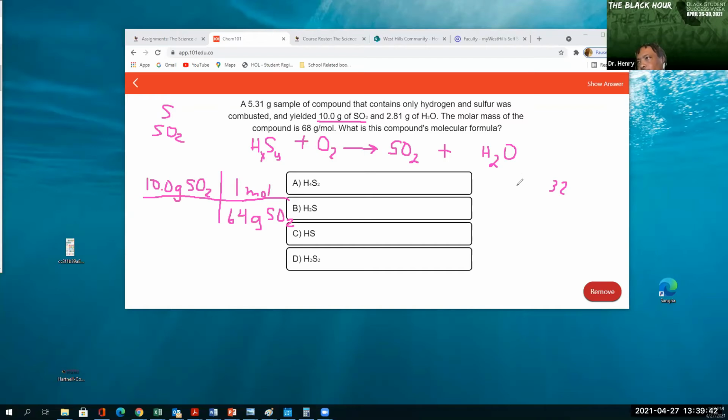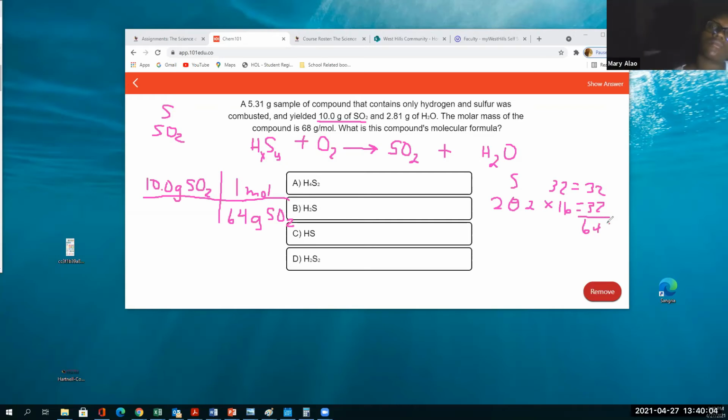And we know that's because sulfur was 32. We have 2 oxygens, 2 times 16. Okay, so that's 1 mole of sulfur dioxide.